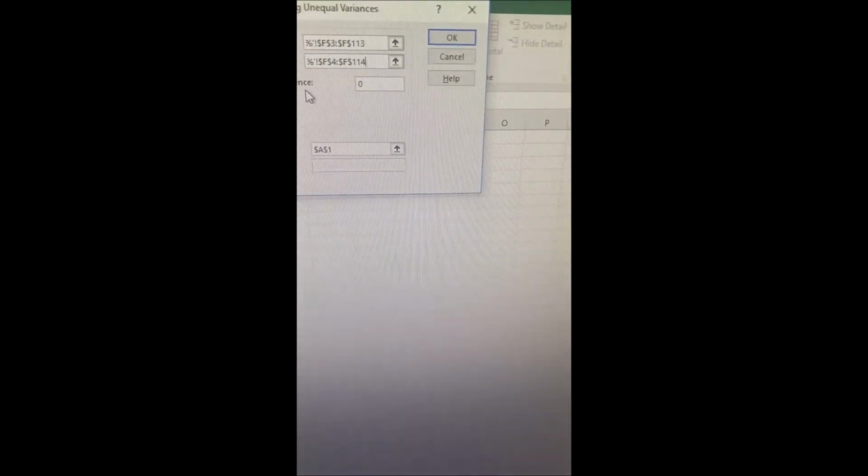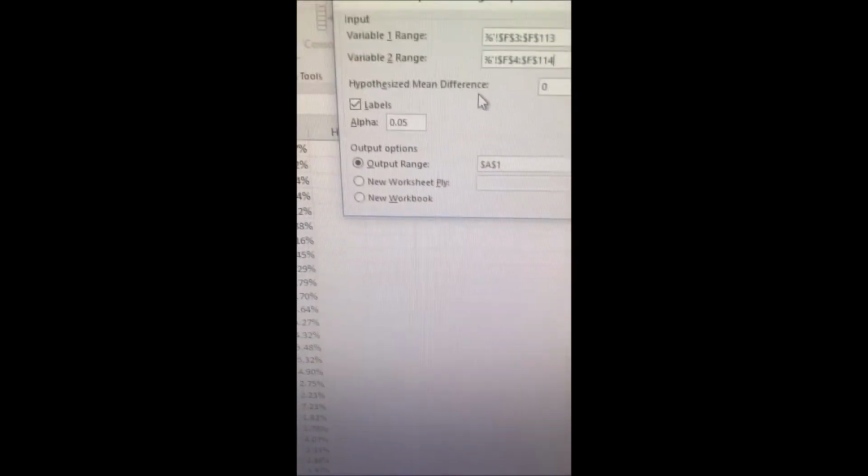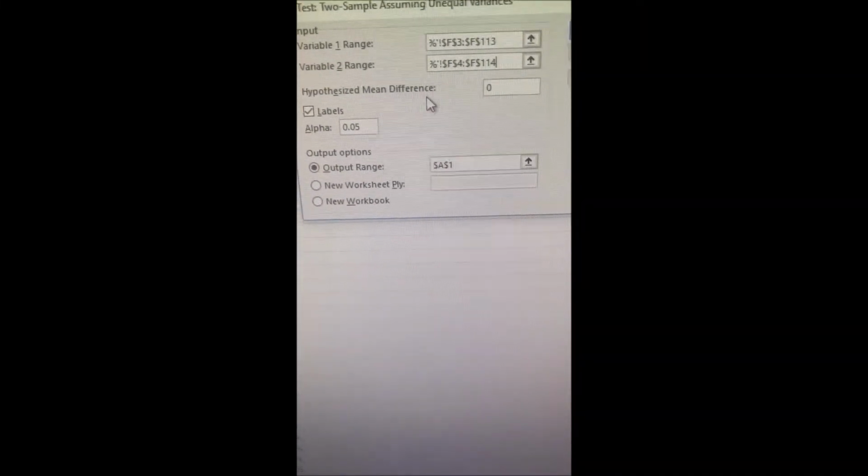And our hypothesized mean difference is still 0, so that means the null hypothesis is that there is no difference in the average return given the two sets of data. And we're going to have labels again, so we have that selected. And our confidence interval is still 0.05. Hit OK.